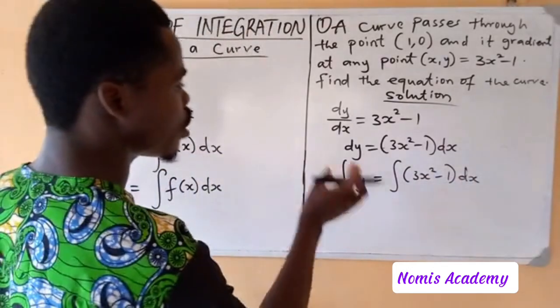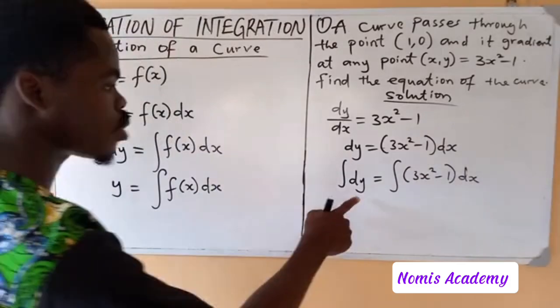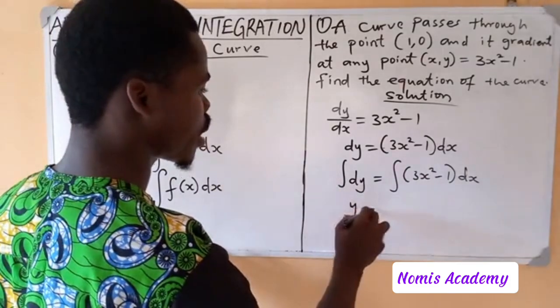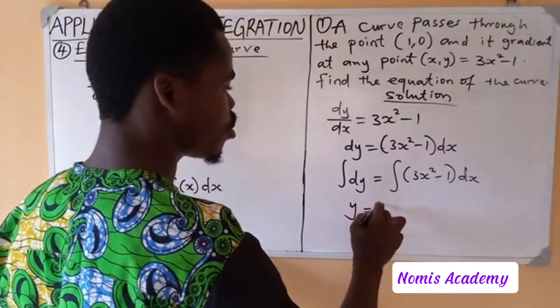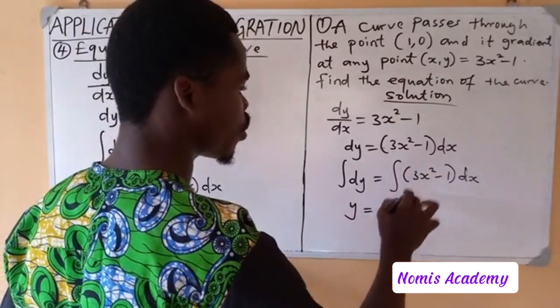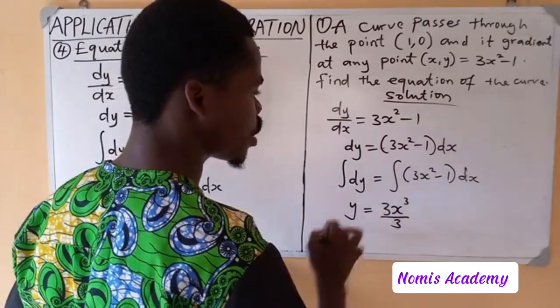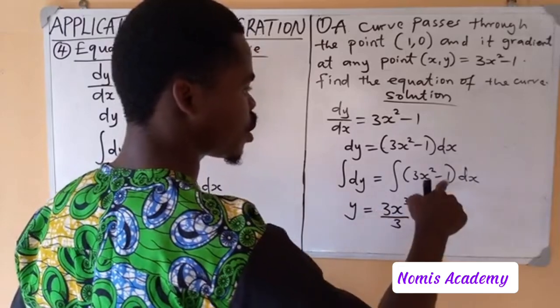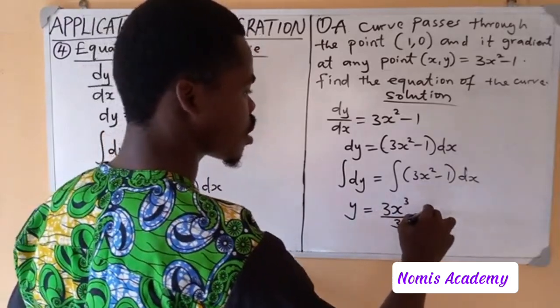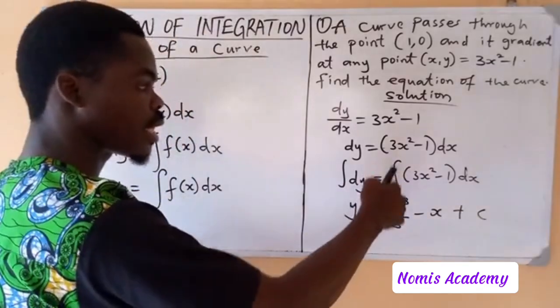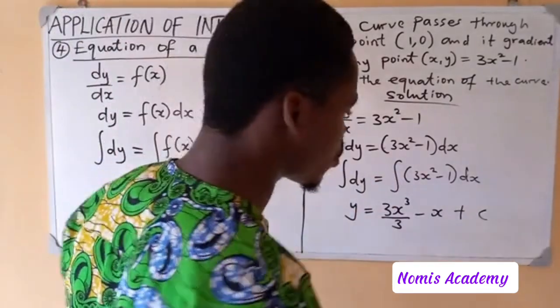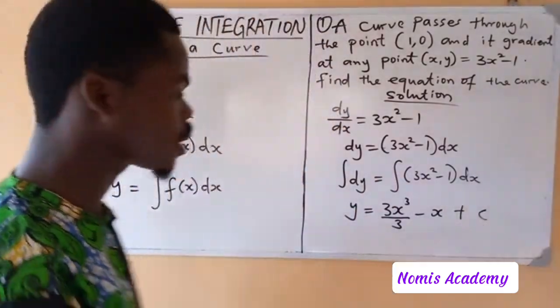So y equals 3x raised to the power of 3 all over 3, minus x, plus c. Remember, this is an indefinite integral, so you must put in the c.